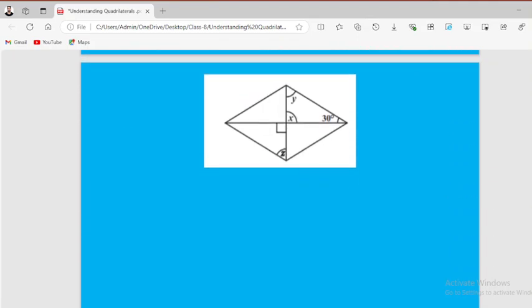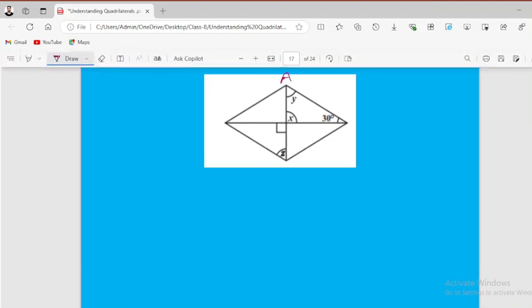Now let us discuss this diagram. This is A, B, C and D. This symbol represents that this angle is 90 degrees, and this point is O. Now angle AOD is equal to angle BOC, because they are vertically opposite angles.